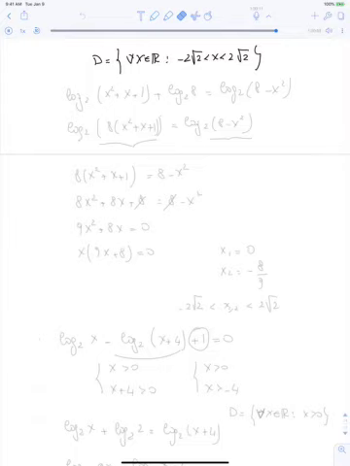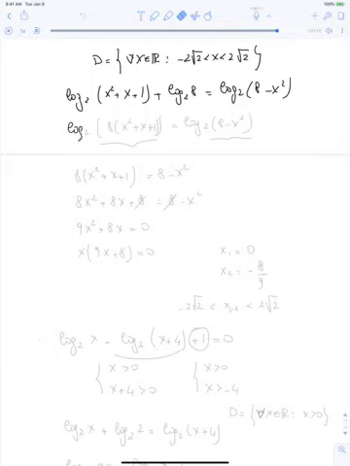Well, 2 to the power 3 is 8, so we can write this expression as the log base 2 of x squared plus x plus 1 plus the log base 2 of 8 is equal to the log base 2 of 8 minus x squared.